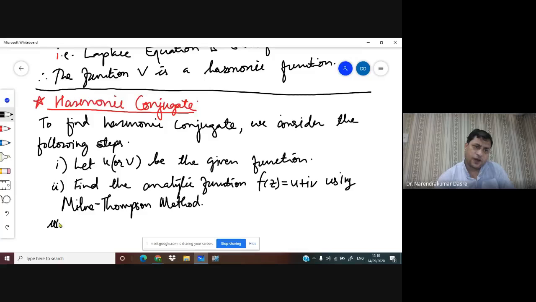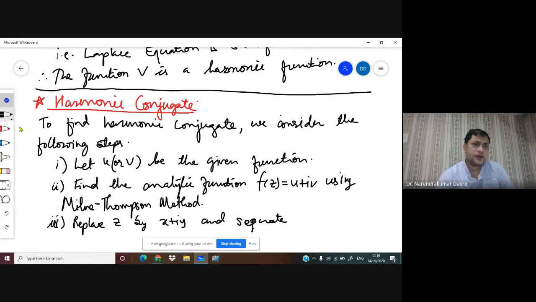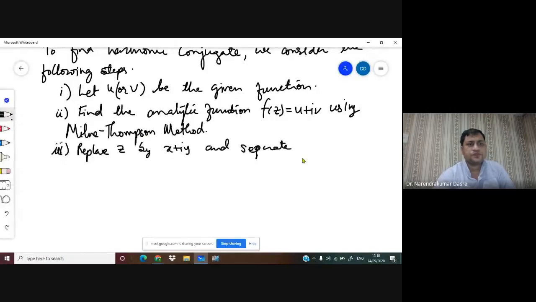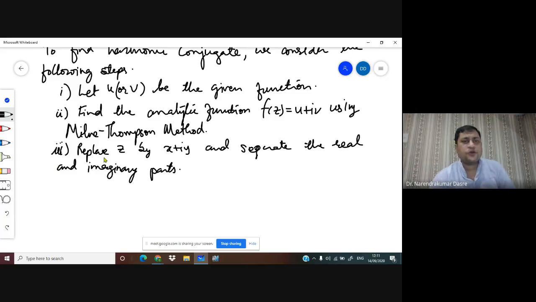Third, replace z by x plus iy and separate the real and imaginary parts.